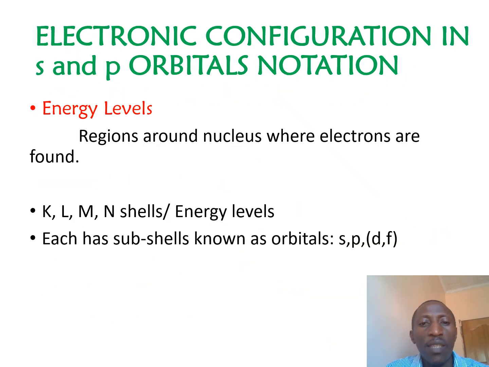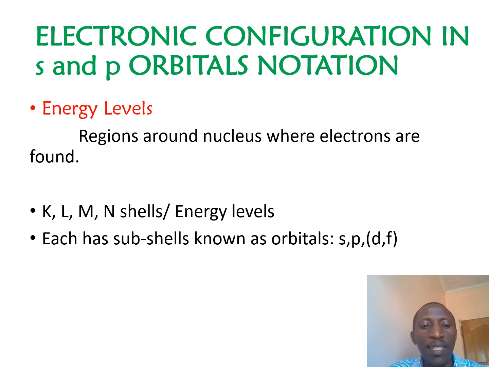In this substrand, electronic configuration in S and P orbitals, there are some key items that we must understand very well. Number 1, what are energy levels? Energy levels are regions around the nucleus where electrons are found. They are usually denoted by labels.